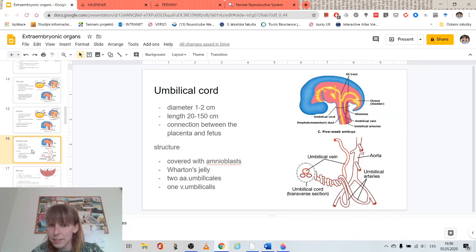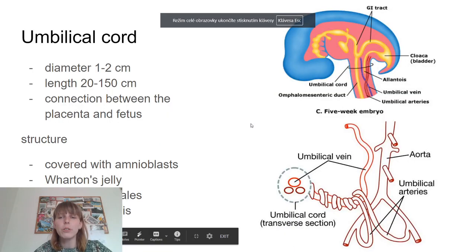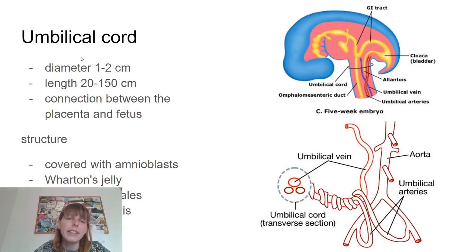So now to the umbilical cord that we will take a look at in a while. It's connecting the embryo to the maternal organism via the placenta. So it's connecting the placenta and the fetus. There is some information about its diameter and length.